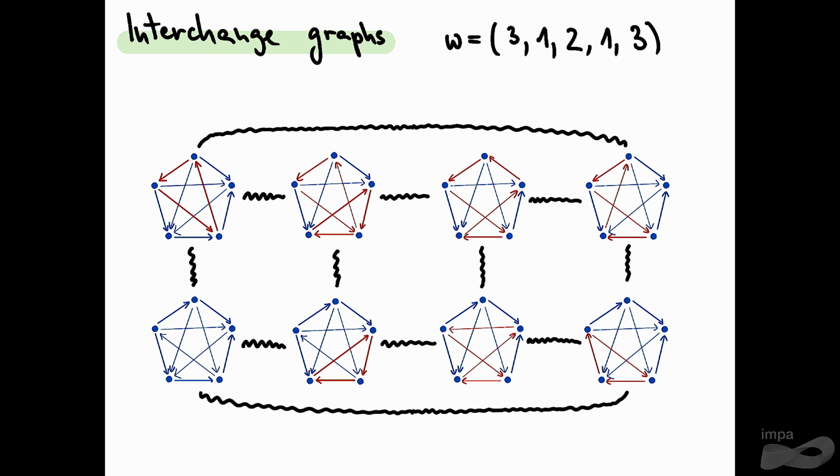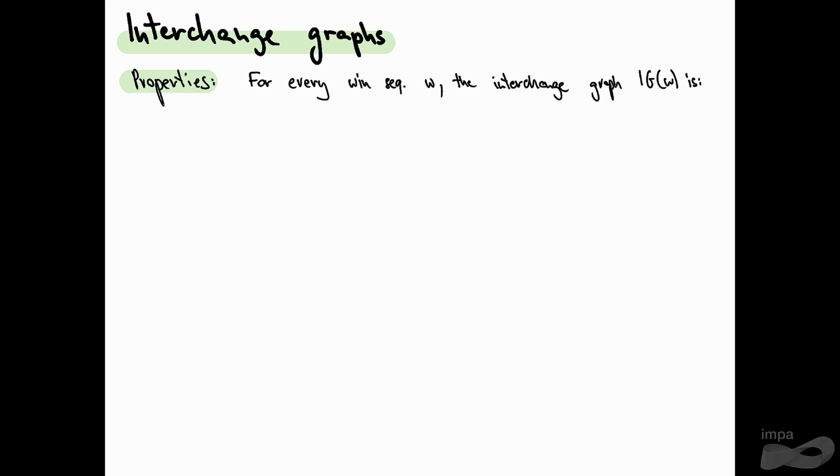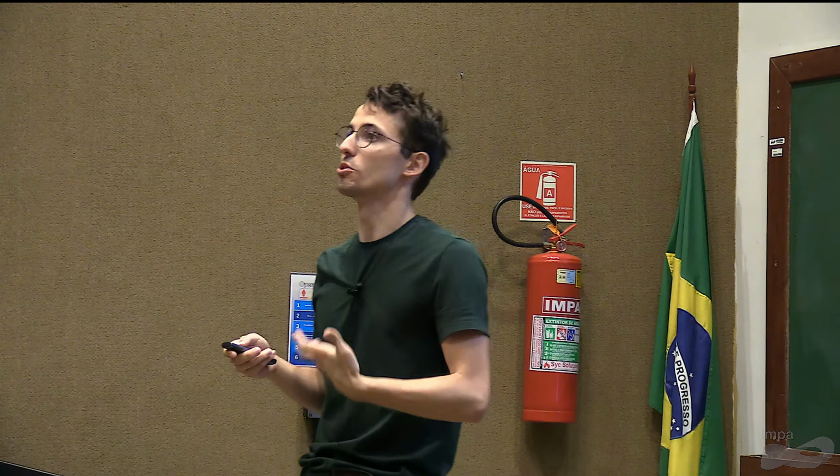Usually this metagraph will have exponential size in n. I have a polynomial number of triangles that I can switch, but the whole space gets crazy, so it's going to be exponential. So what can we say about these interchange graphs?